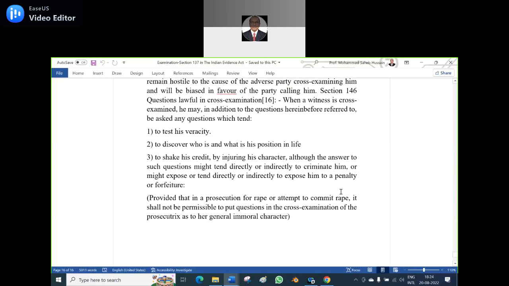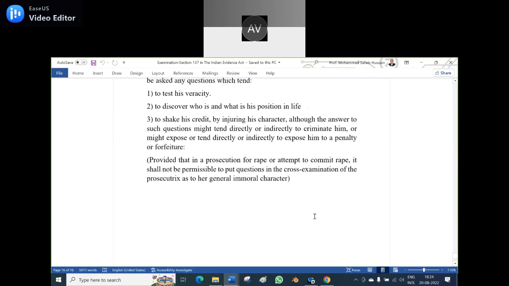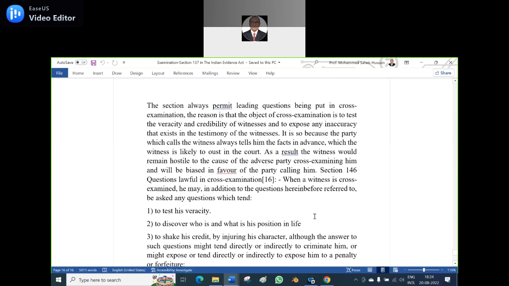Provided that in a prosecution for rape or attempt to commit rape, it shall not be permissible to put questions in cross-examination of the prosecutrix as to her general immoral character. Of course, these cases will be heard in camera. Am I right? Yes, sir. In camera proceedings. So this is about it.